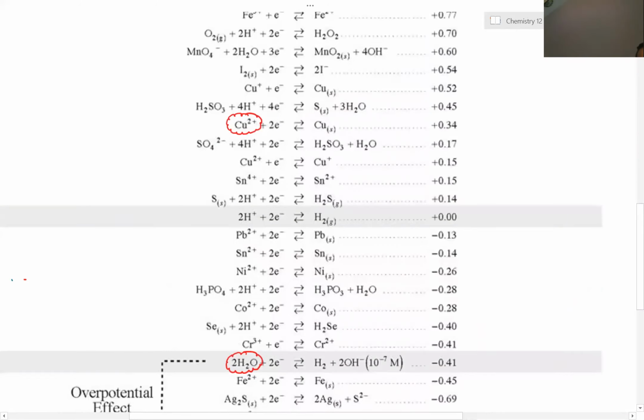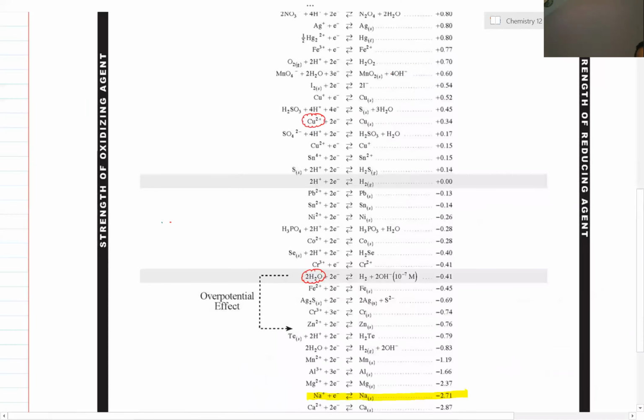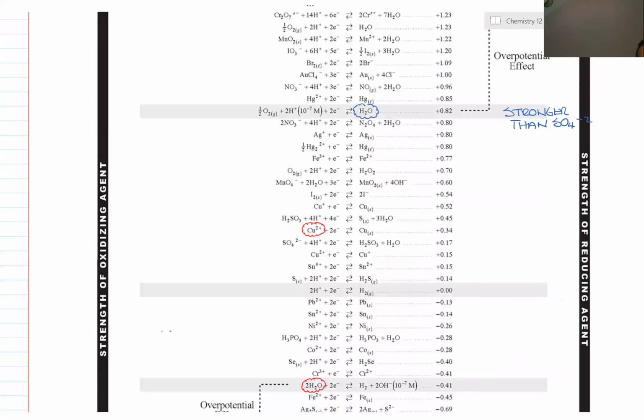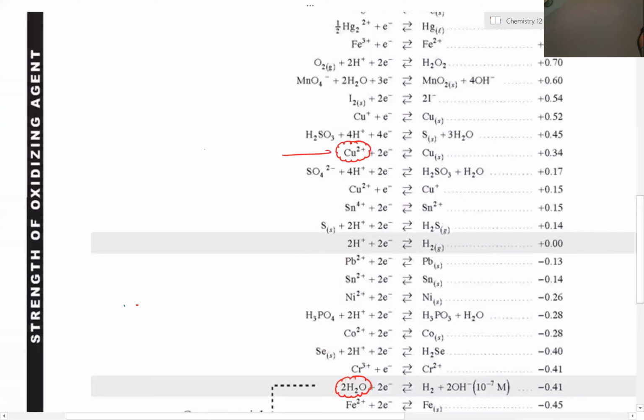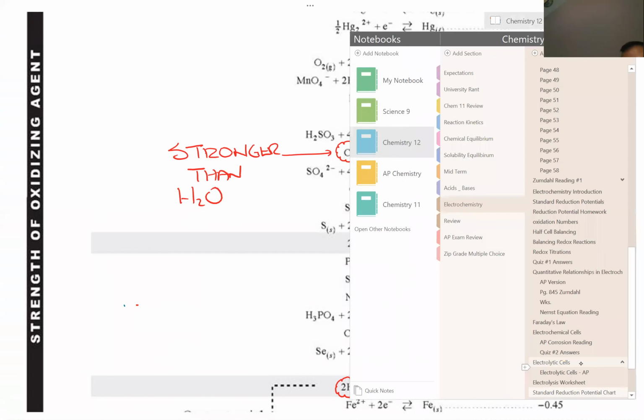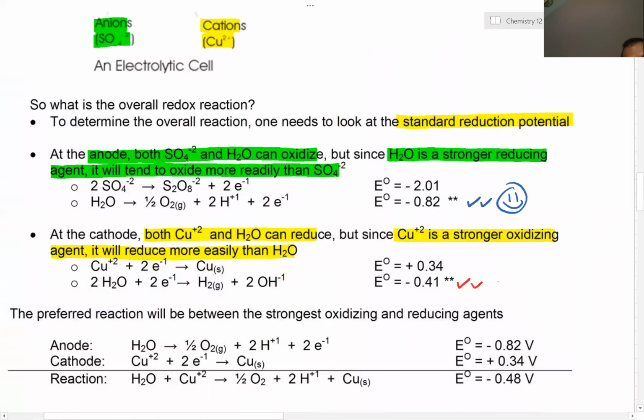If you take a look at the standard reduction potential table, since copper is higher up than water, in this case, copper 2 plus is stronger. Again, location, location, location. And so this one is the preferred reaction.